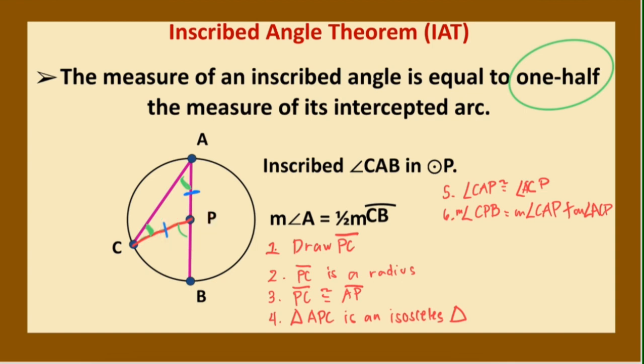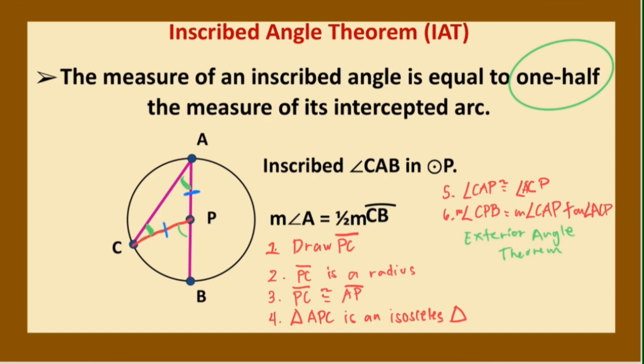And if you remember back in grade 8, we call this an exterior angle. Number 6 here is an application of the exterior angle theorem, where the measurement of the exterior angle is equal to the sum of the measurements of its two remote interior angles. So this is the exterior angle theorem.